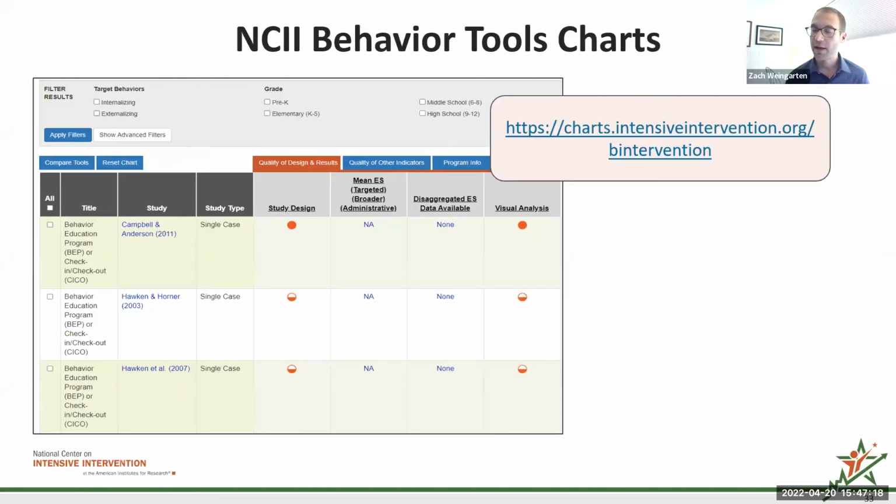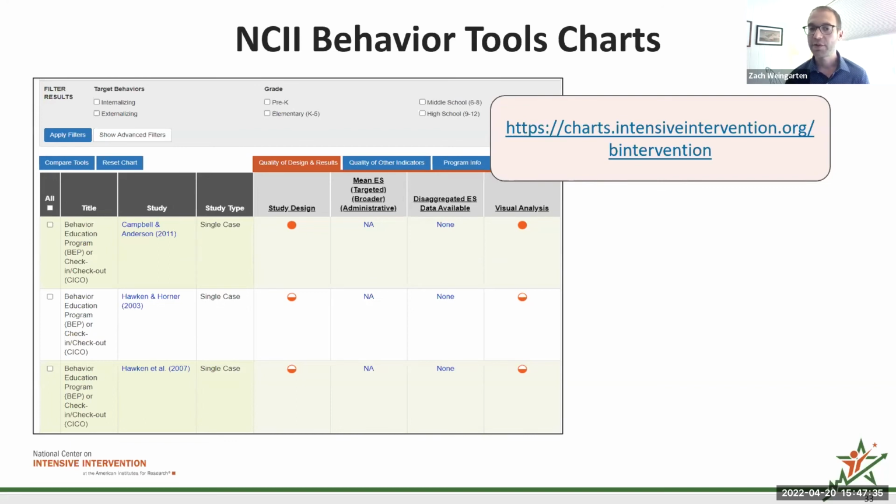NCII also has tools charts, which you may be familiar with, and these are charts to learn about what's out there in terms of resources and tools for both assessment and intervention in academics and behavior.